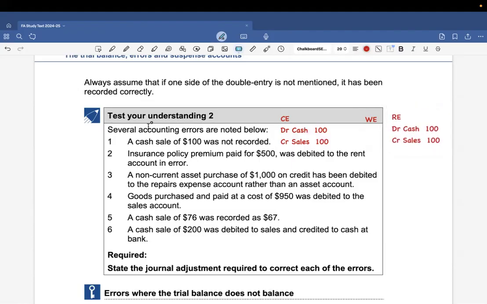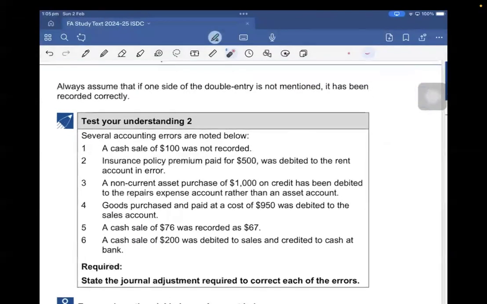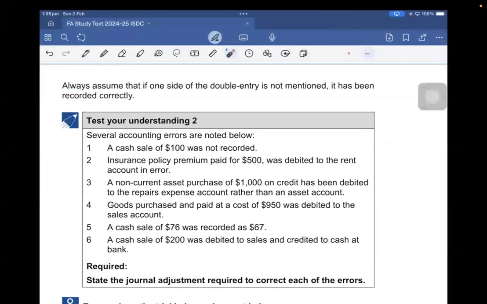In the same way, the insurance policy premium paid for 500 was debited to rent account in error.